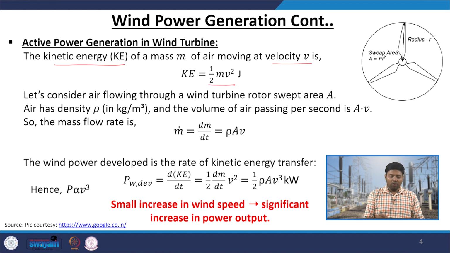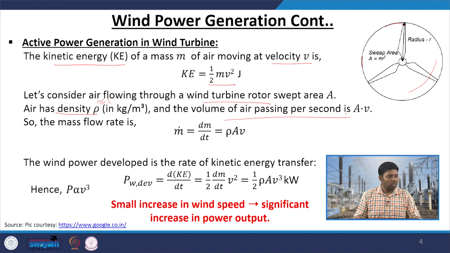Now, if that wind blows through the blade area, or the swept area, that means how much area the blade is covering during the rotation, and your air density is rho, which is close to 1 kg per meter cube, then the total volume of air blowing through the swept area is A multiplied by v. Then your mass flow rate is dm by dt, which is rho A v.